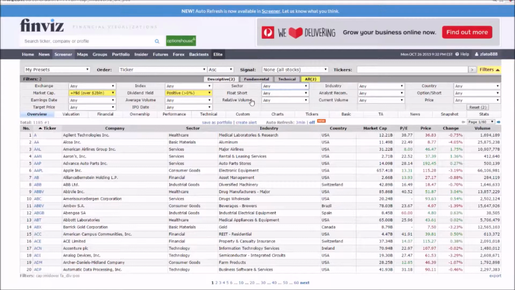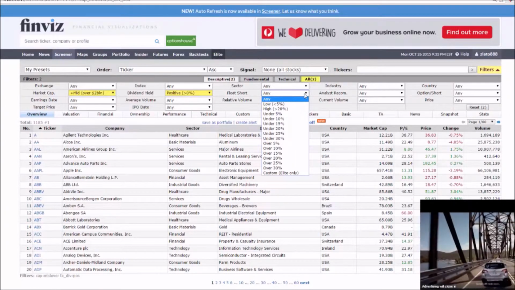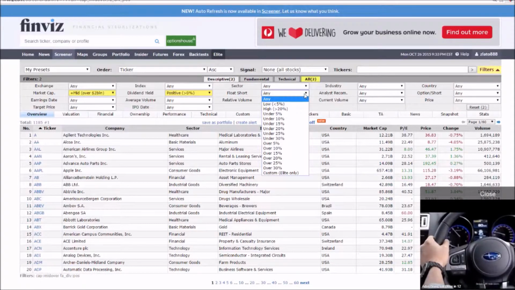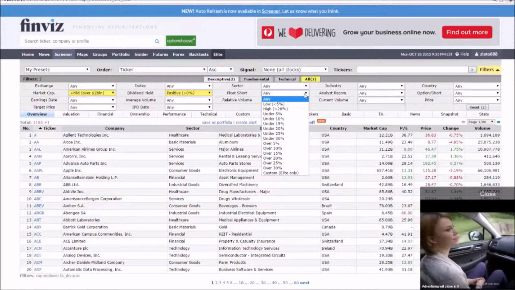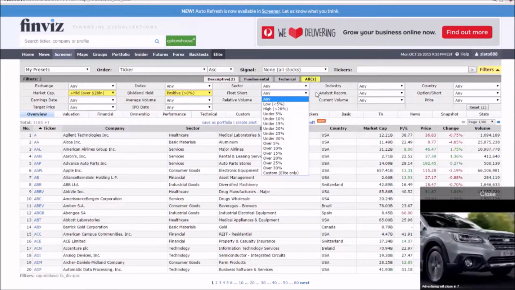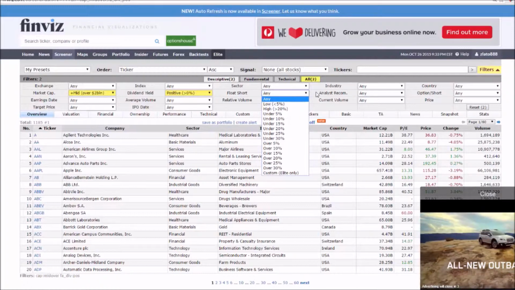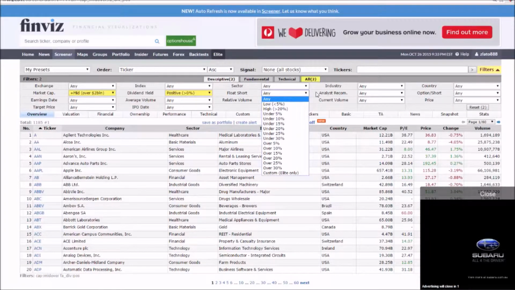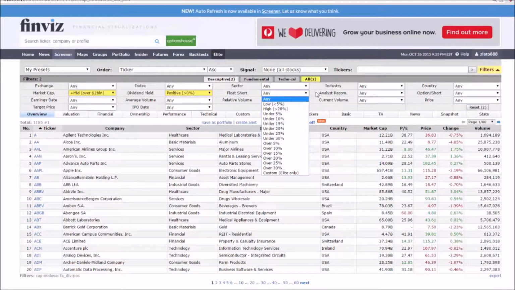Now, sometimes some people are trying to find specific sectors, so you can go and choose whatever sector you would like to have. Another thing that is pretty good is float short, because some people play short or they play against shorters, and they see if a company has a lot of short volume, so people who sold and went short. They try to play when the company is improving itself, but there's still a high level of shorters, people who sell short. And when the company starts moving up, shorters start closing their positions, taking profit or closing their losses, and sometimes the company can move up quite a lot.